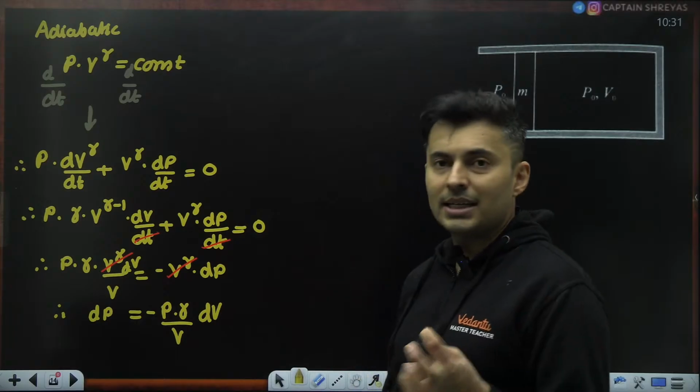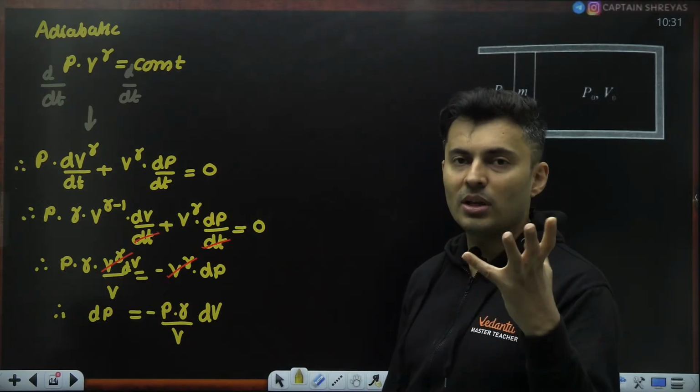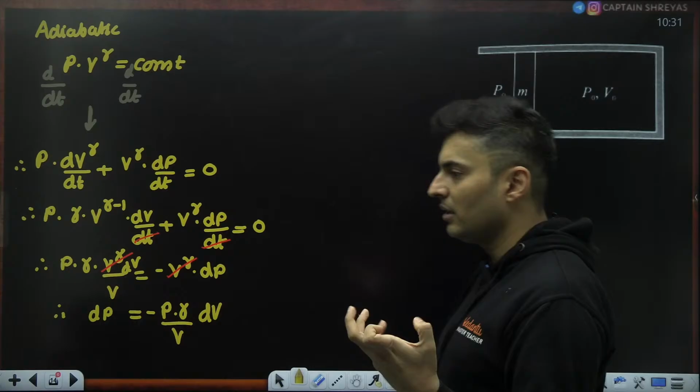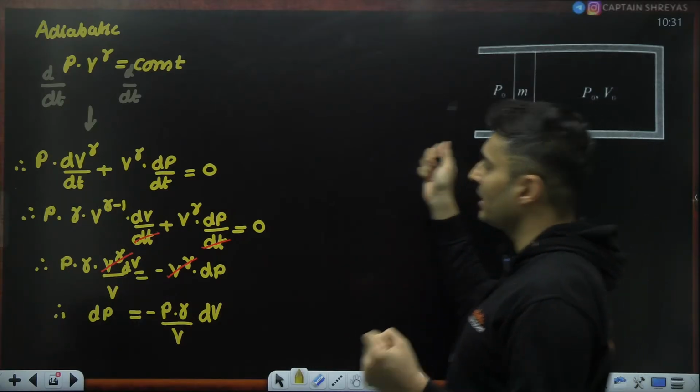This dP is the change in the pressure. So that will also correspond to the excess pressure or the reduced pressure from outside versus inside.